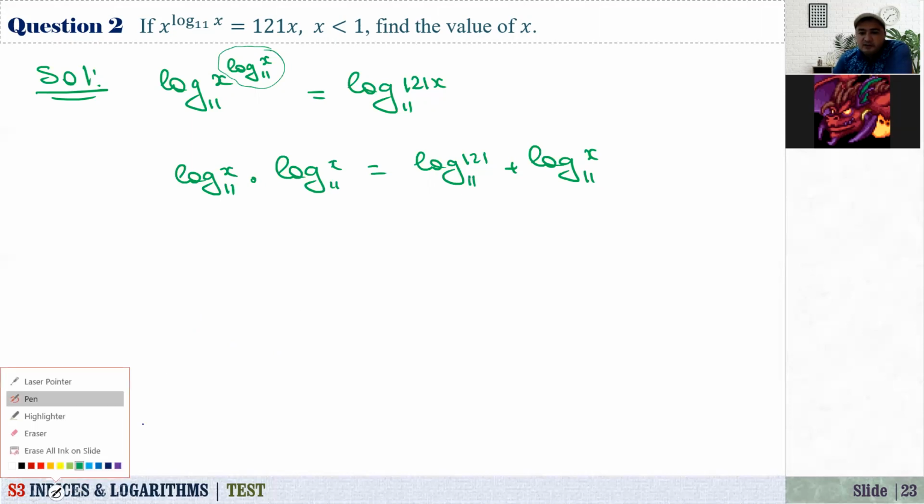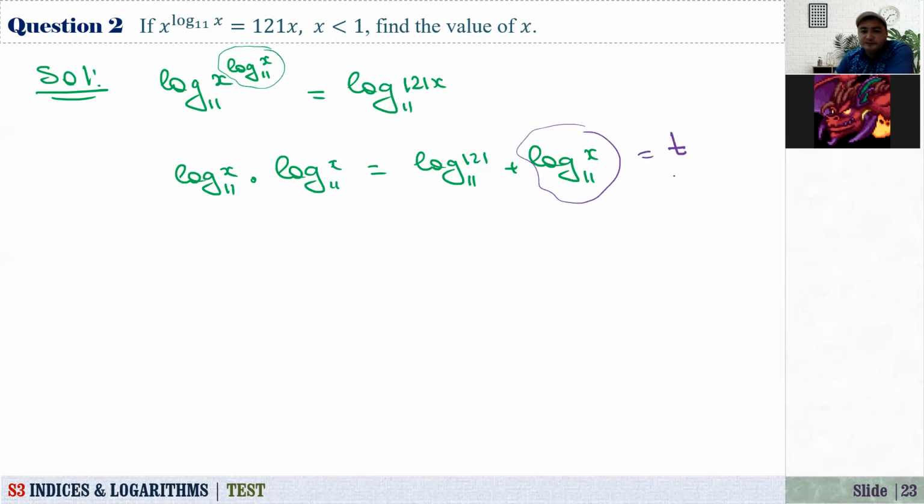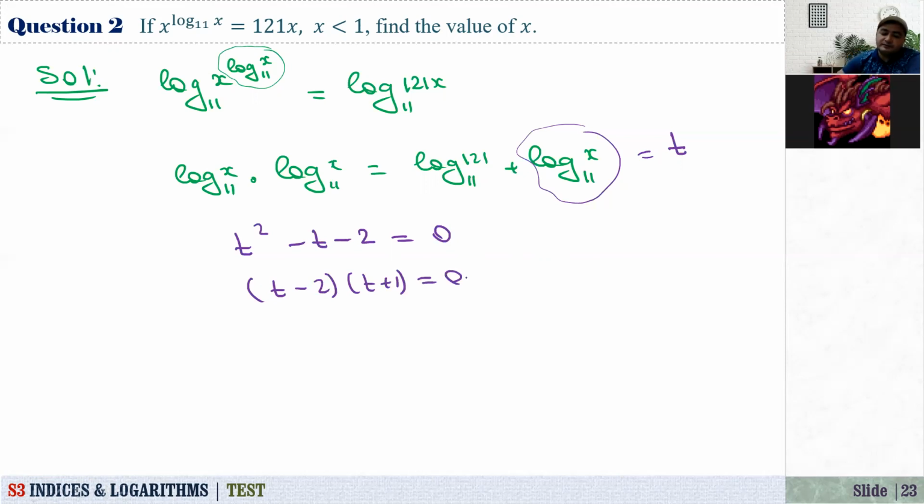So now from here, suppose that log x to the base 11 is equal to t. So on the left-hand side, we have t squared. Take to the left-hand side minus t, and logarithm of 121 to the base 11, that's equal to 2, because 11 squared is equal to 121. That's equal to 0. So now if you factorize this, t minus 2 times t plus 1 is equal to 0.